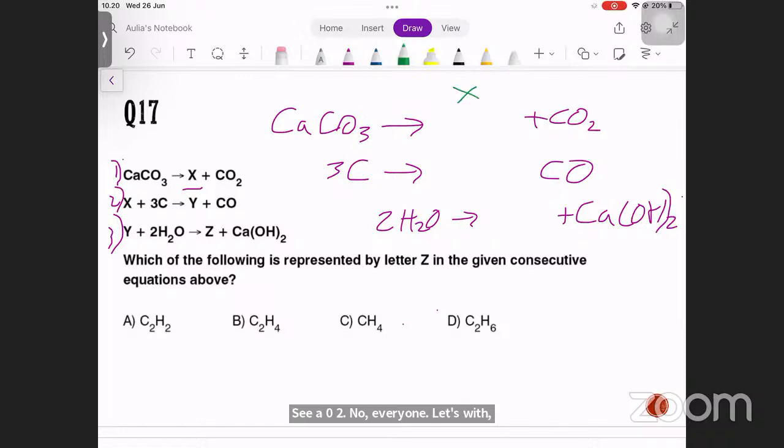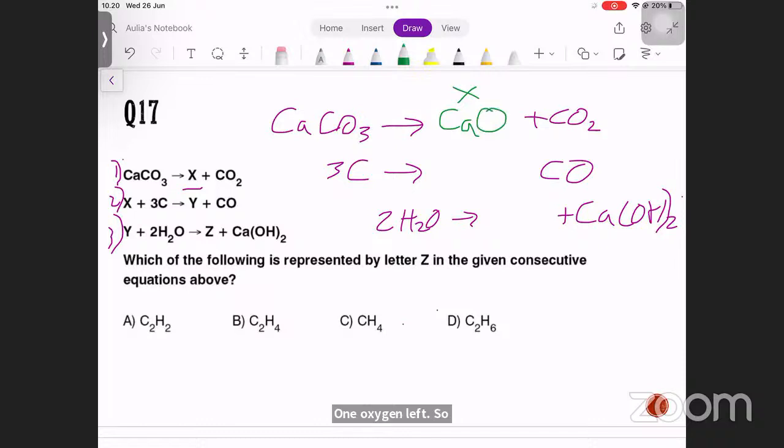Now, everyone, let's work with X. If in the product we already have CO2, in your opinion, what elements are left in this reaction? CaO, that's right. We do not have Ca yet, and we already used CO2, so one oxygen is left.